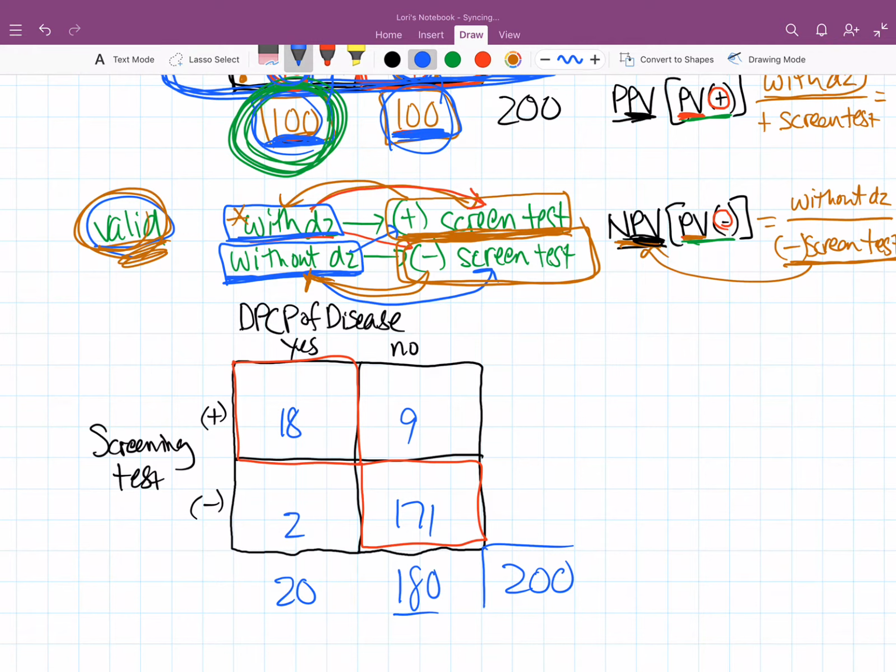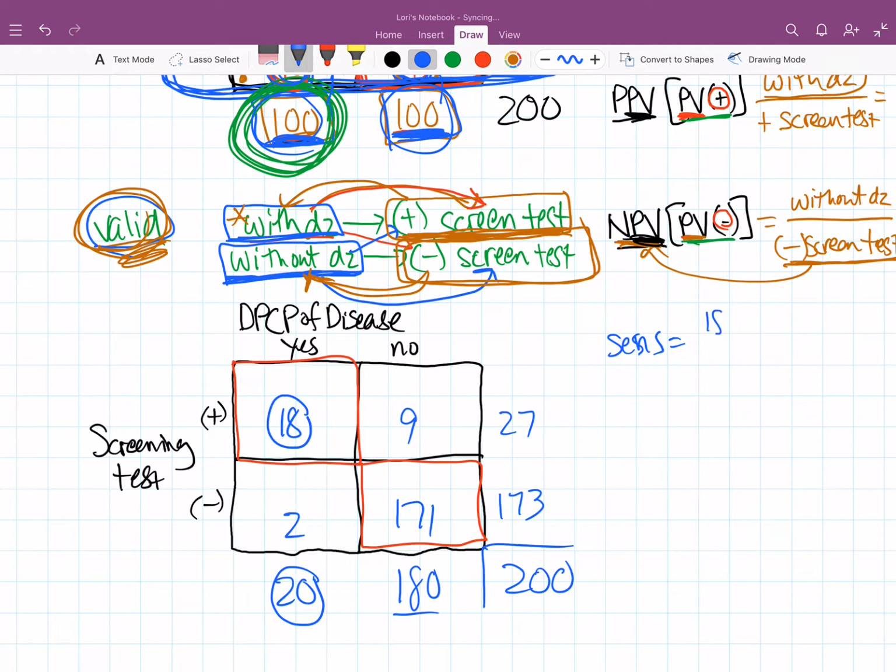So if we do the calculation here, out of 27 and 173, we could still calculate the sensitivity. Remember, of those with disease, what proportion had a positive test?